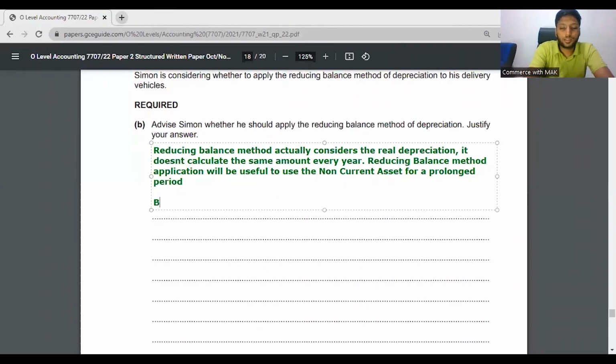But also there's a concern: every year the reducing balance method should be calculated.